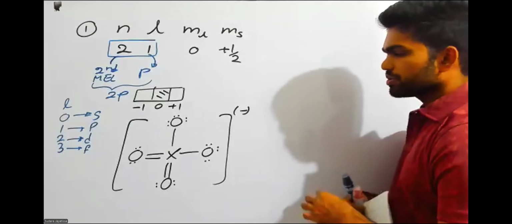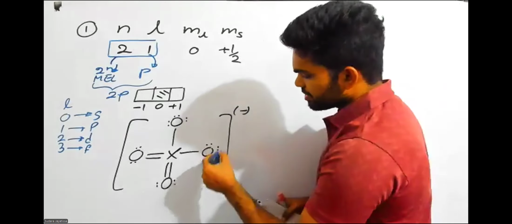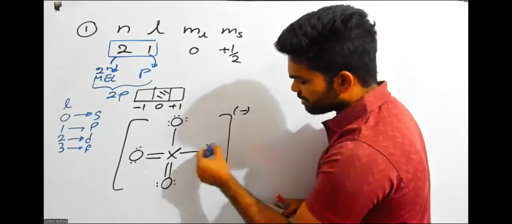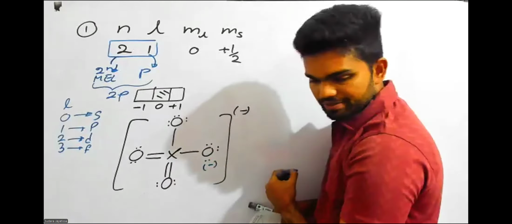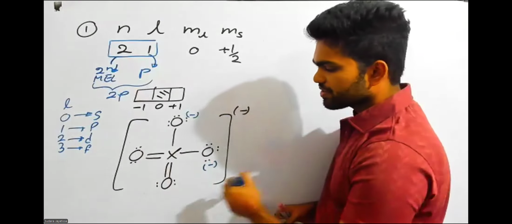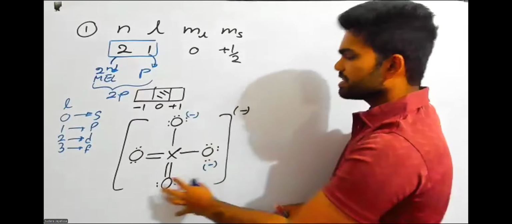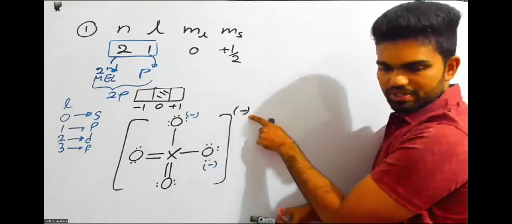Okay. So now how should we think about this question? This oxygen in this way carries a formal charge of -1. And this oxygen should also carry a formal charge of -1. There will be no charge for this, right? However, the overall charge of this whole thing is -1.